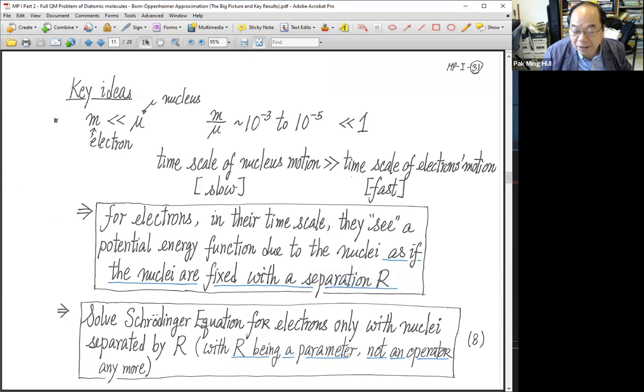That is to say, in the Schrödinger equation, strictly speaking, R is a position operator of the nuclei, of the relative motion of the nucleus. However, in the Born-Oppenheimer approximation, for the electronic Schrödinger equation, we treat this R, the separation, as a given parameter.